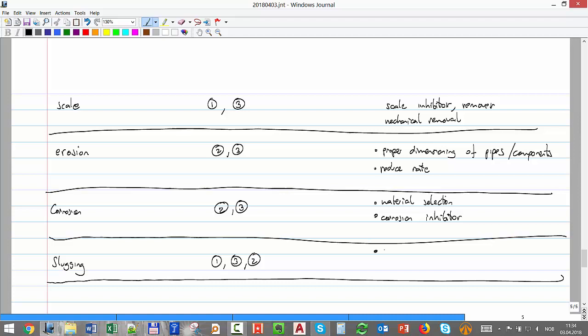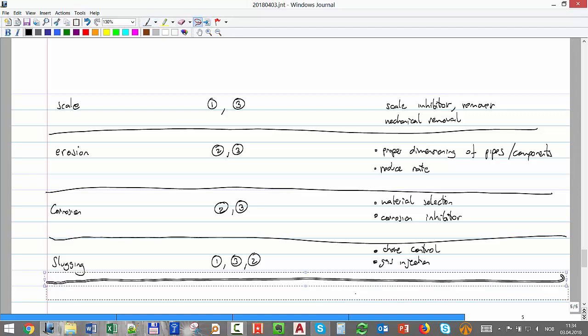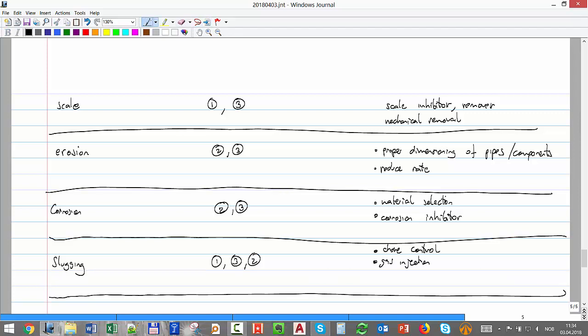There are different ways. It's called kind of choke control. You have also gas injection. But basically, during the design process, the field development process, you have to look at the dimensioning of pipes.